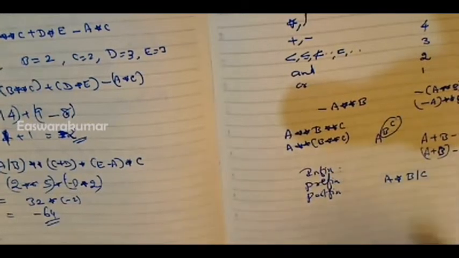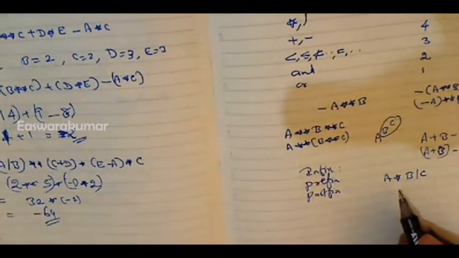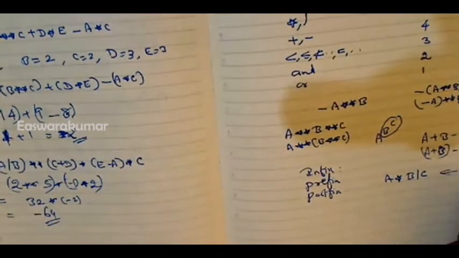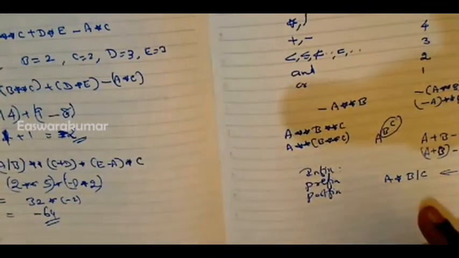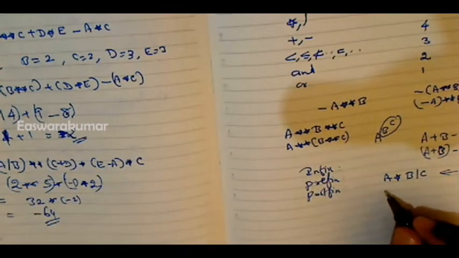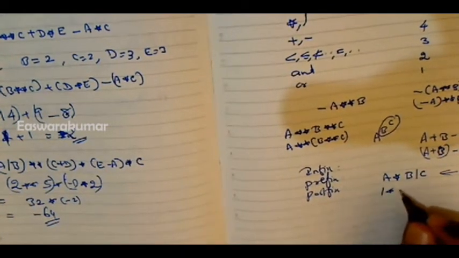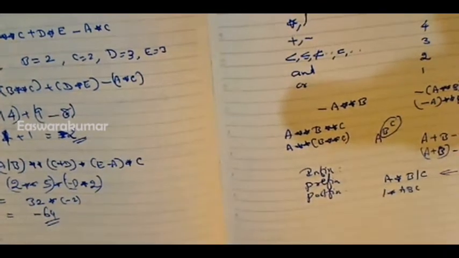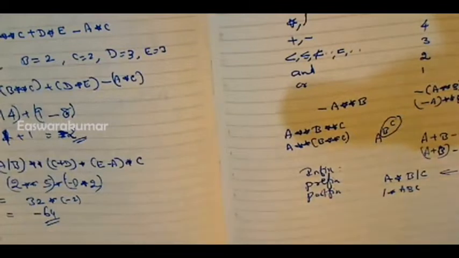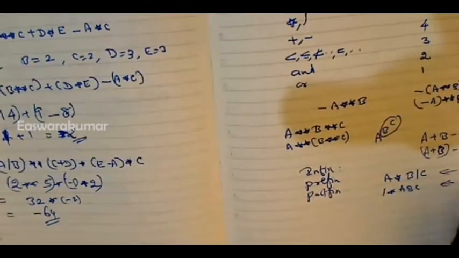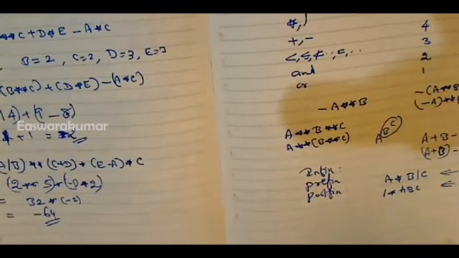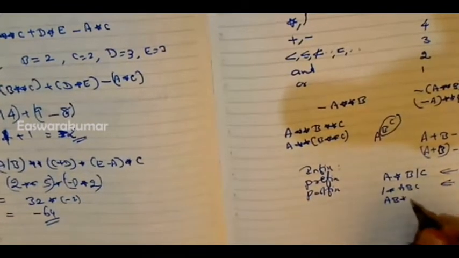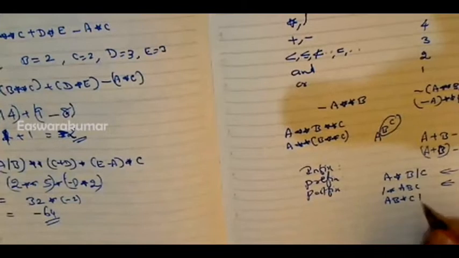This is the infix representation. The corresponding prefix representation is slash star ABC. So this is infix, this is prefix, and the postfix representation is AB star C slash.